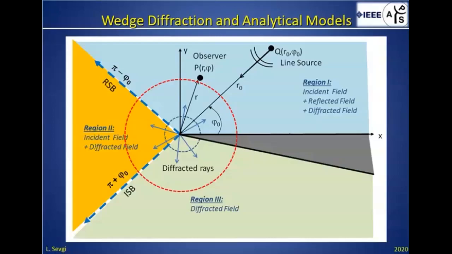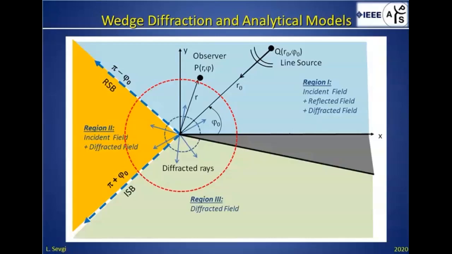So we have three regions: region 1, region 2, and region 3. Mathematically, we can use these three regions and separate the incident field, reflected field, and diffracted field. That's why this scenario, the wedge problem, is canonical in understanding the mathematical foundation of diffraction, reflection, and incident fields.